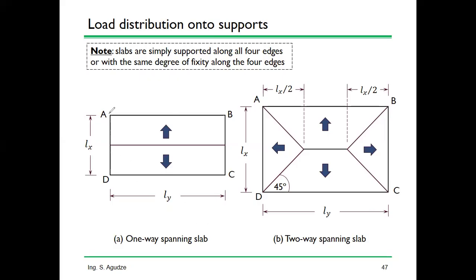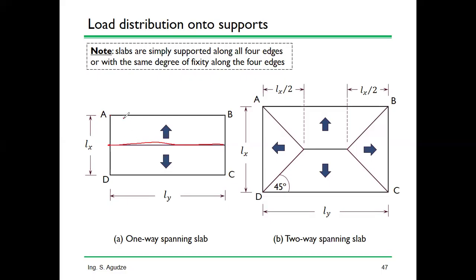If it is a one-way slab, it means you have to distribute the load to the longer side. So the arrows that you are seeing are the direction of load distribution. If it's a one-way slab, divide the shorter side into two, like this.